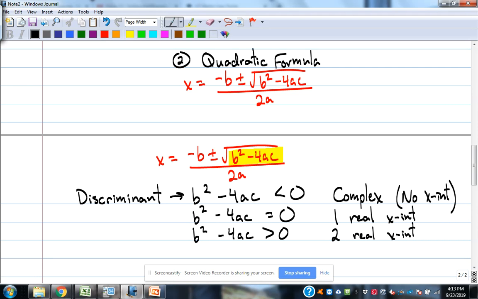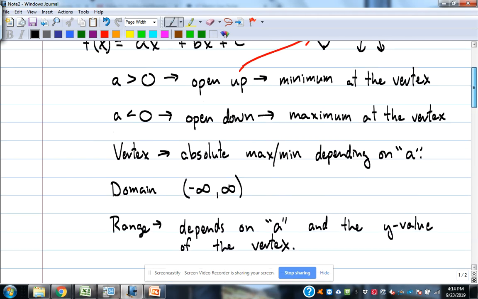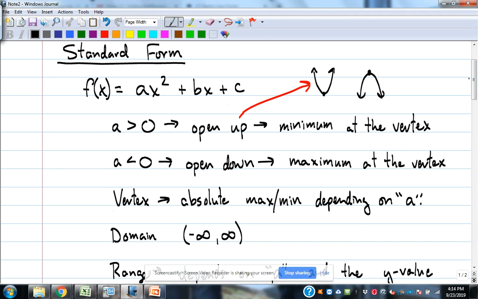If that discriminant is less than 0, we don't have an x-intercept. If it's equal to 0, we've got one. If it's bigger than 0, a positive number, then we're going to have two real numbers that are x-intercepts. So what we're going to do is take some quadratics and try to find all of these things. We're going to start with them in standard form, and then we'll start adding in some of the other forms.